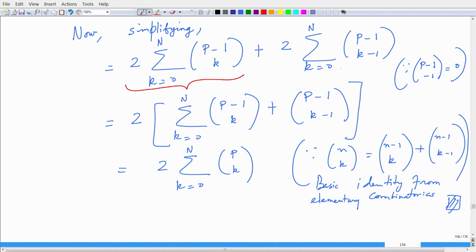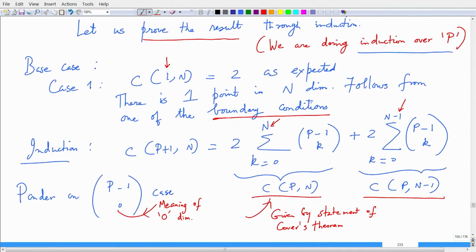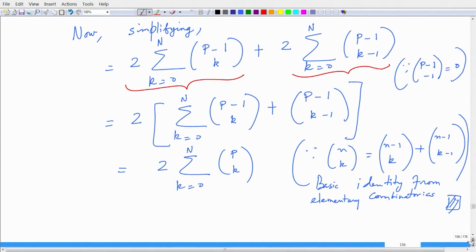I did this simplification because the upper limit was n minus 1 in my previous slide. To make the upper index also n, I just readjusted the k minus 1 term appearing here, letting this go from k equals 0 to n, right.